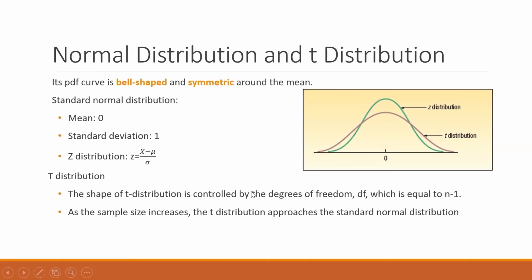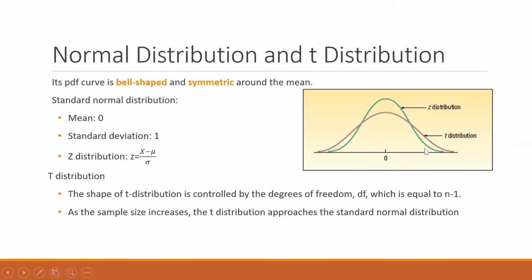Now for normal distribution, if you look at the graph on the right-hand side and focus on the green curve, that represents a normal distribution. You can see that it is bell-shaped and symmetric. It just means that most of the values are surrounding the mean.